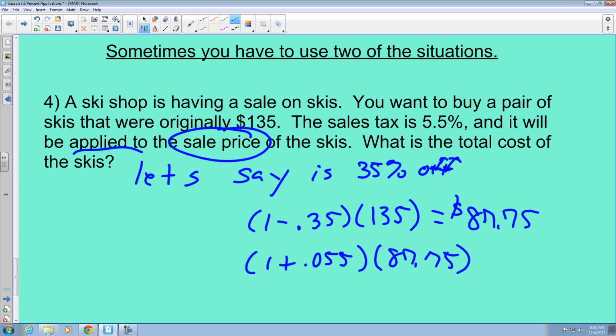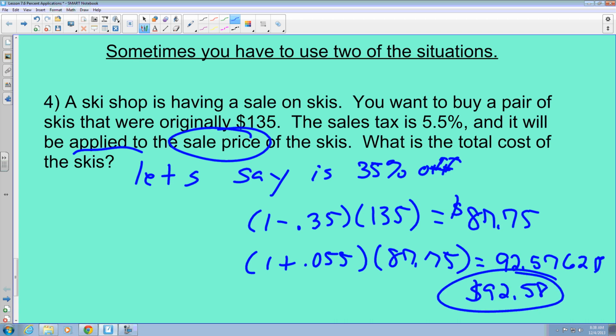So 1 plus 0.055 gives me 1.055. Multiply that by 87.75, and I get 92.57625. And if I were to round that, it's going to be $92.58. Okay?